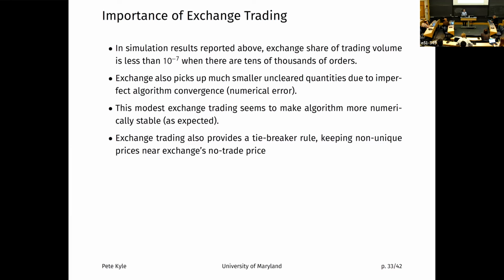We view that as trivial, but you're getting a lot of mileage from it. You're getting the theoretical uses of the interior point method. You're getting prices to be essentially unique, and you're getting the Cholesky decomposition to generally not crash. If it crashes, you can let the exchange trade a little bit more, and this is how much it needed to trade to prevent the Cholesky decomposition from crashing.